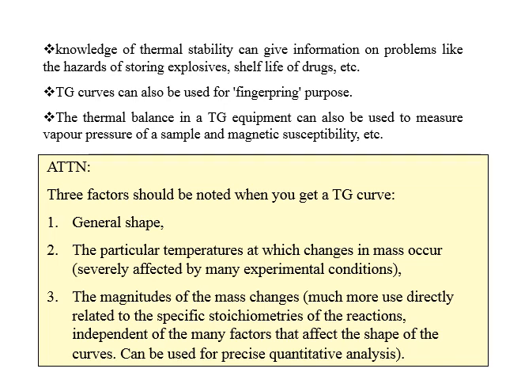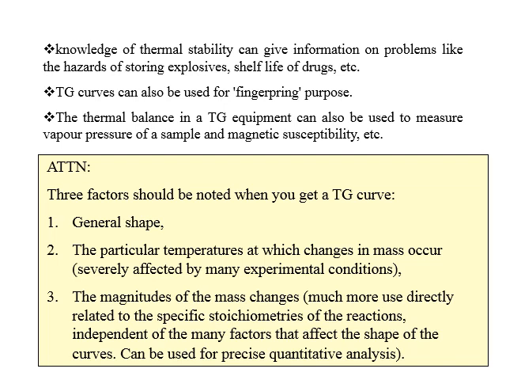When you're actually looking at a TG curve, there's really a few things you should consider. One is just the overall shape of the curve. Are the steps well defined and reach equilibrium points? Do they overlap? Is it continuously downward sloping and so forth? You want to note the particular temperatures at which changes in mass occur.